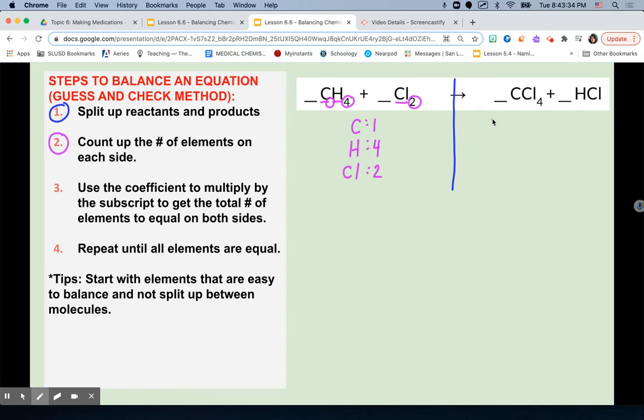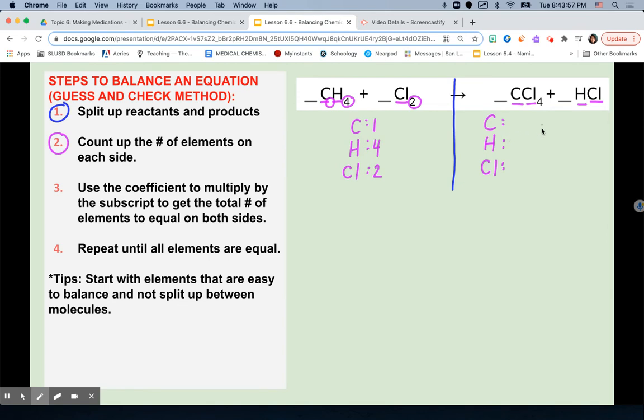On this side, I should have the same exact elements, C, H, and Cl. Notice I wrote it straight across, and that's just going to help me compare later on. So here's C, H, and if you notice, Cl is split up between the 2 products.